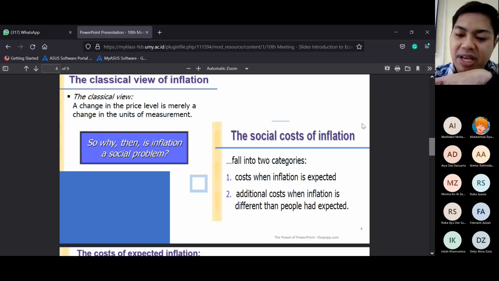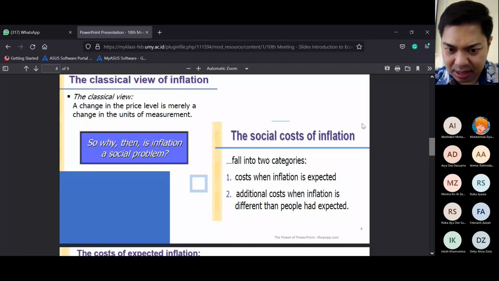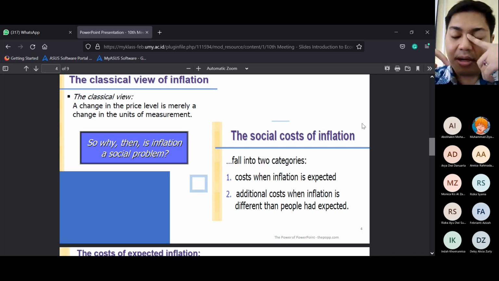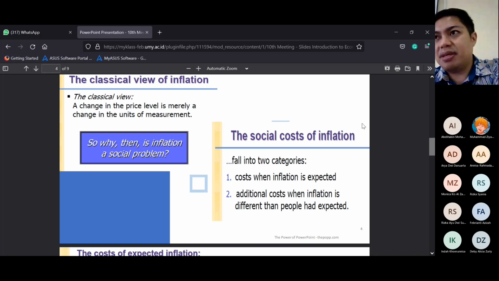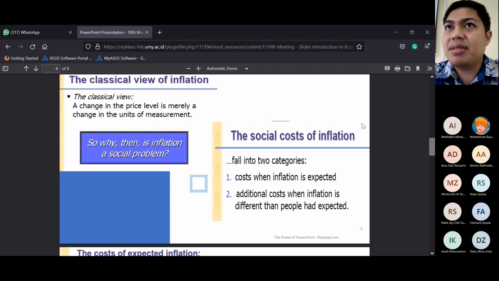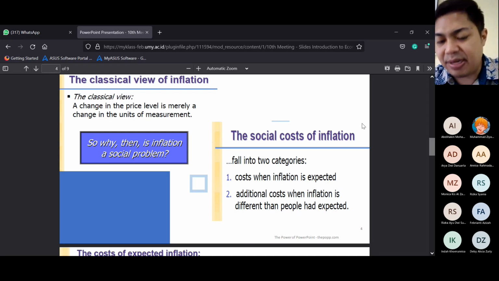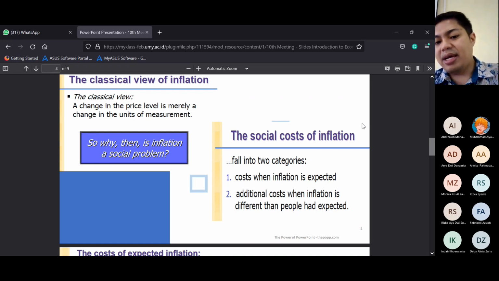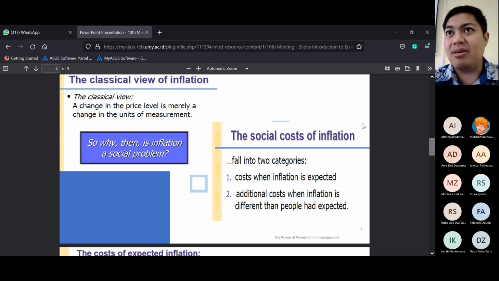When the expected inflation goes beyond the current inflation, it will create another cost for the people. For example, right now you have inflation around 1% per month, and the expected inflation for next year is 5%.